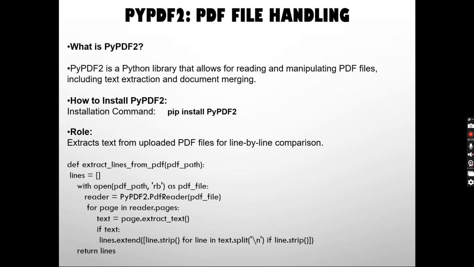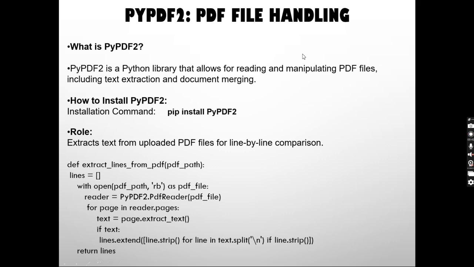The lines given in the code snippet are: reader equals PyPDF2.PdfReader(pdf_file), which is for reading the file, and in the other line, text equals page.extract_text(), which is extracting text line by line. Then it will process the other functionalities of comparison, listing mismatches, and many more things.